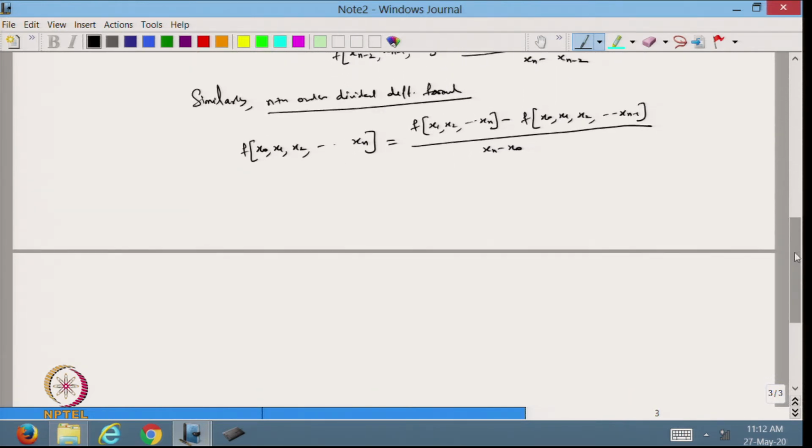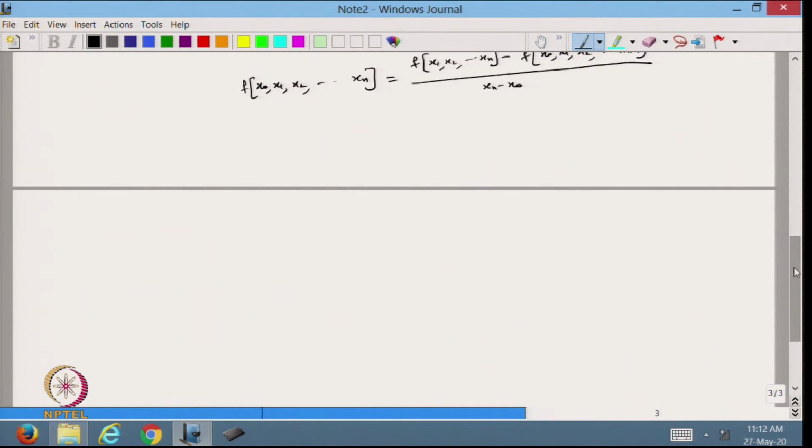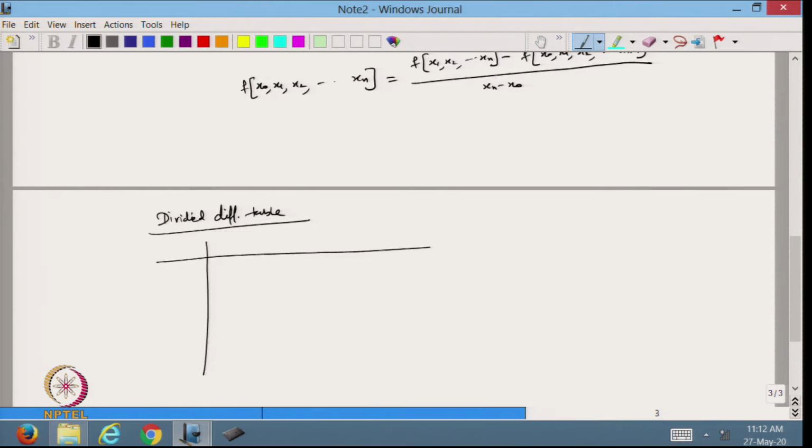Now based on this we can make the divided difference table. We can write the divided difference table the same as the finite difference table.